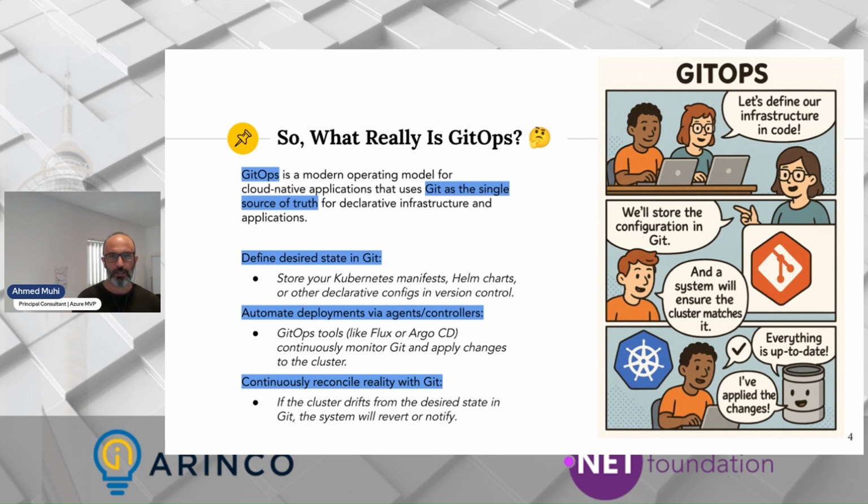And of course, your manifest is defined in a declarative language. What declarative basically means is that you just tell Kubernetes what the environment should look like. You don't tell it exactly how to do that. That is for Kubernetes to figure out. And again, GitOps is about automating the deployment.